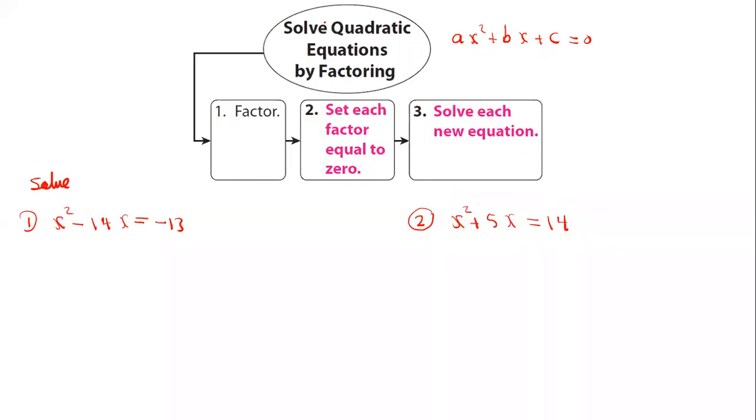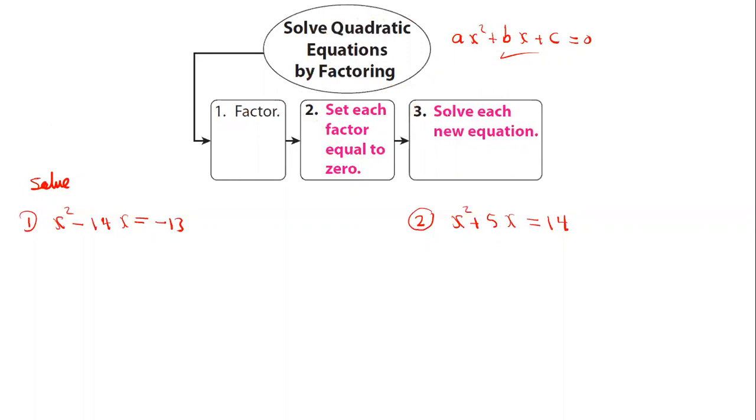Okay, to solve a quadratic equation by factoring, firstly, we have to factor the trinomial. Then set each factor equal to 0. I have to set each factor equal to 0 because of the zero product property.